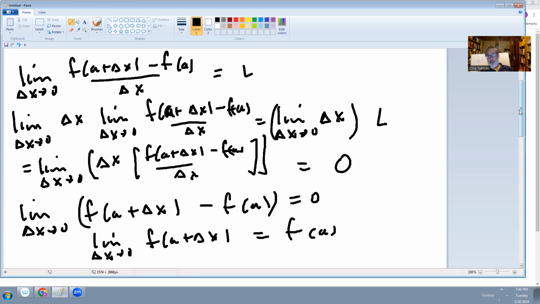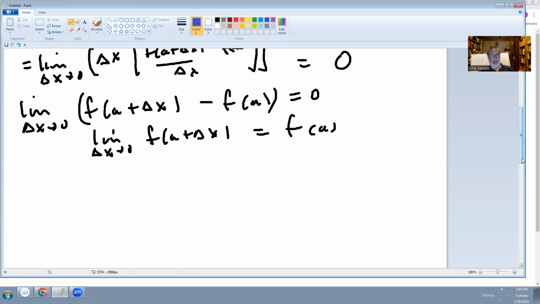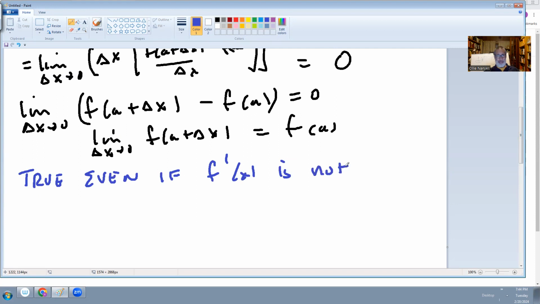And this is true. So I'll just make a parenthetical comment here. This is true even if the derivative function is not continuous at x equal a.